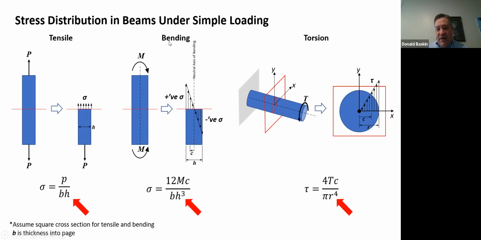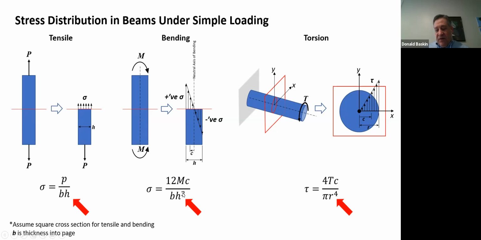When you get to bending, things get more complicated because the stress is given by this equation here. The moment applied to your beam is M, and again, the dimension going into the page is B. I should probably fix these slides so they show that. And then the width of the beam is H, and here things are very different.